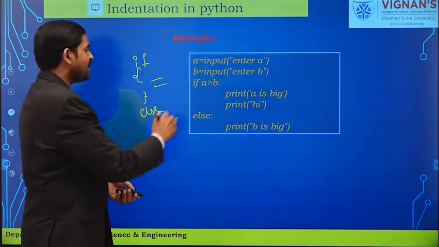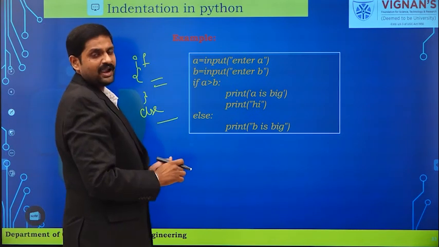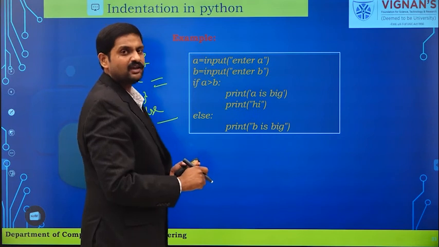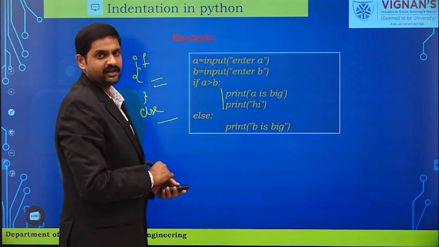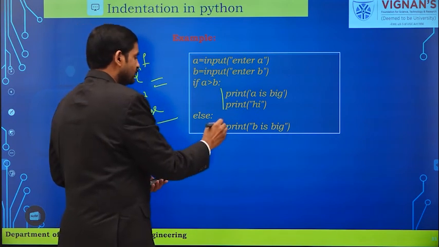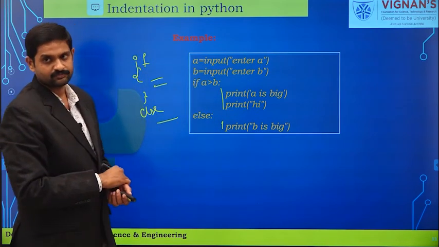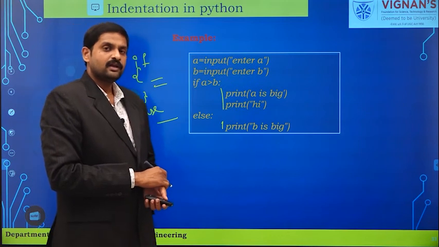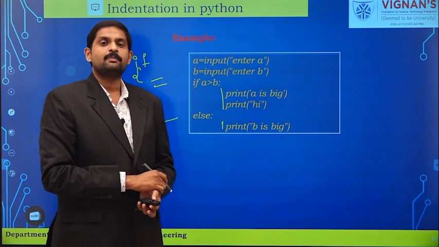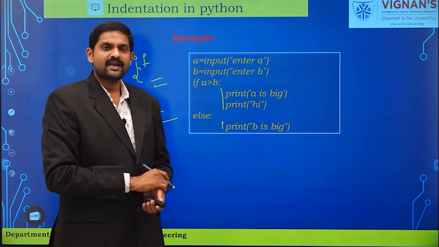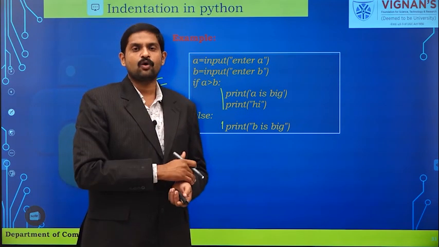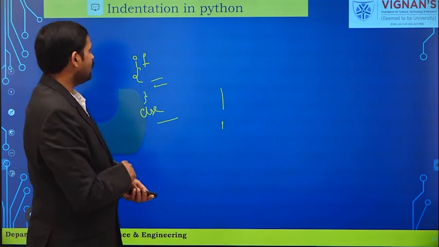Okay, but here whatever lines of code you want to write under the if, those should be in the same indentation. Else part, same indentation. Okay, in Python, indentation represents the block of code. So a block is nothing but the lines of code called one block.